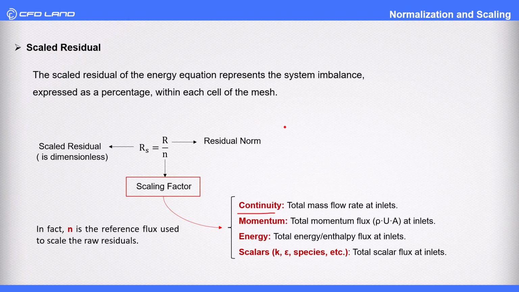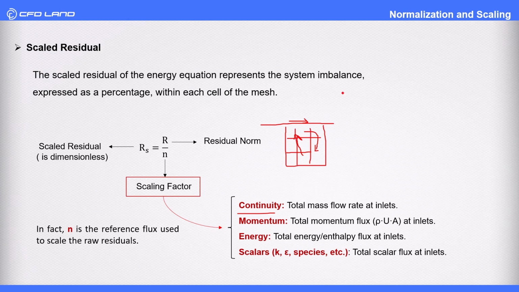Why? Well, for example, cavity. In a cavity, there is no inlet. You don't have mass flow rate. And the one you have in the cells, you don't know. You need your solution to be converged first, and then you can have the value of mass flow rate.